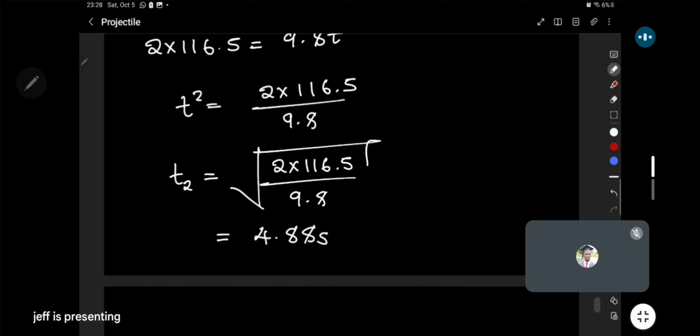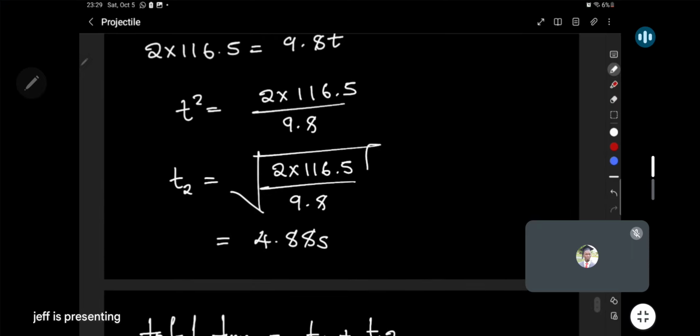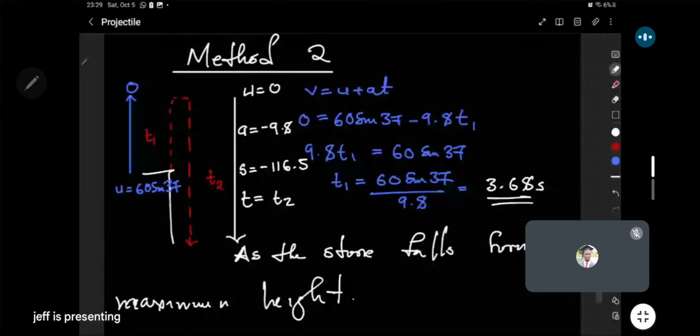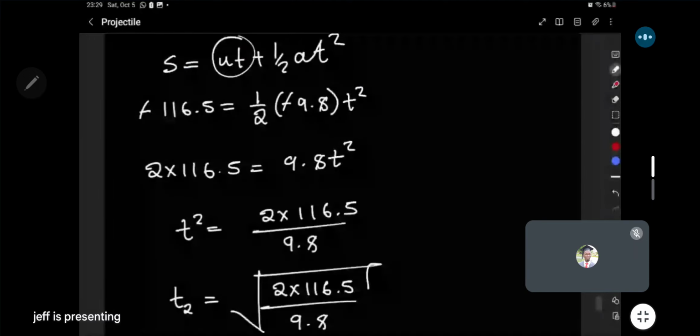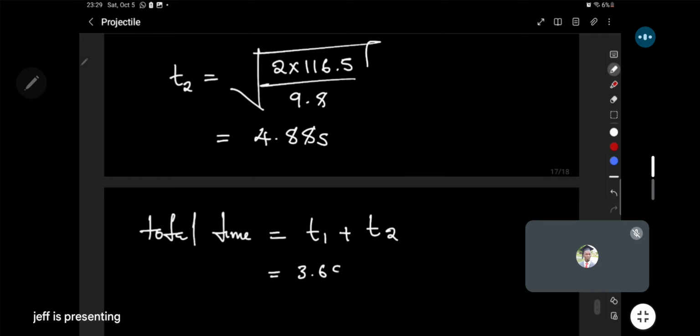So once you have the two values of time, the total time of flight will be equal to the time for going up plus the time for coming down. Going up, we found 3.68.